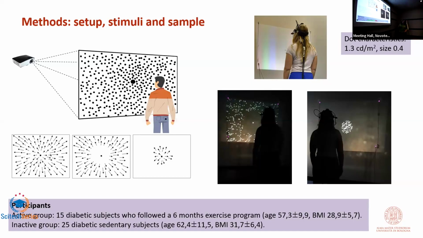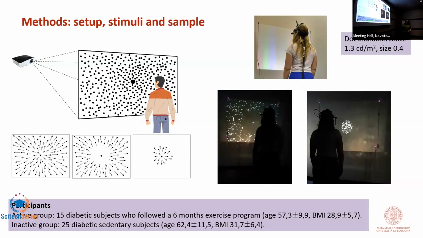Full screen, we call it full screen because dots are in all parts of the screen. The arrow indicates the direction of the moving dots, so stimuli were always expanding from the focus of expansion.